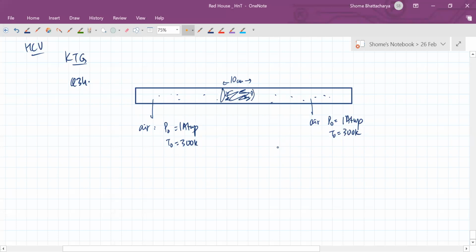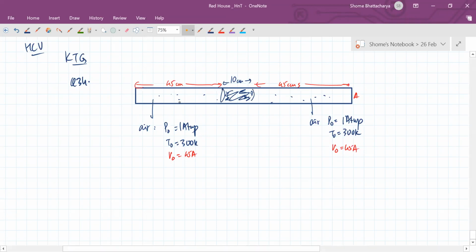And the whole thing is 100 centimeters long. So each air column will be 45 centimeters. The area of cross section is some A. This is at a volume of 45A, and this is also at a volume of 45A.